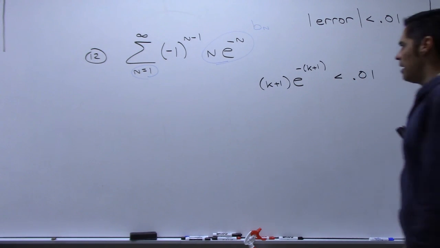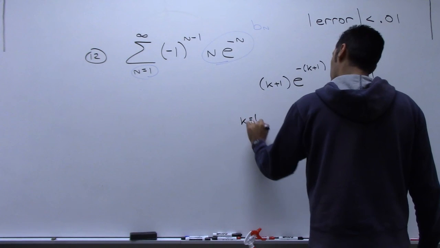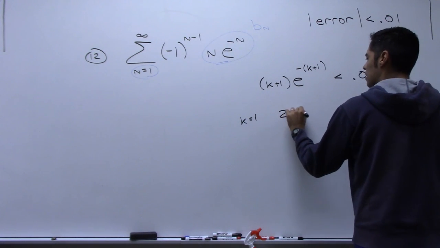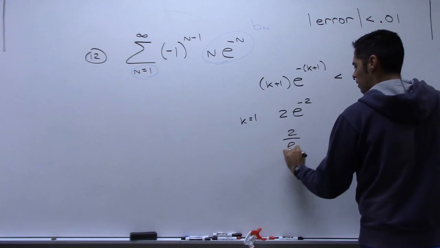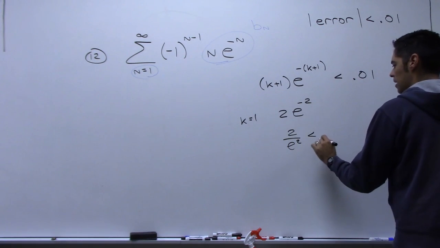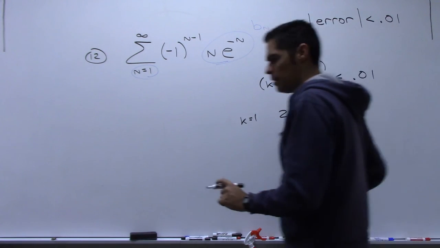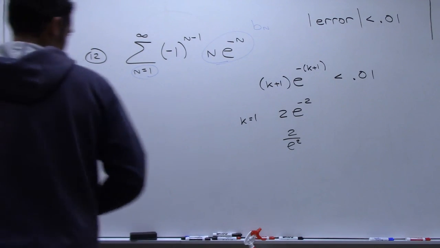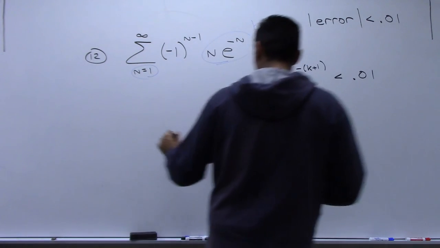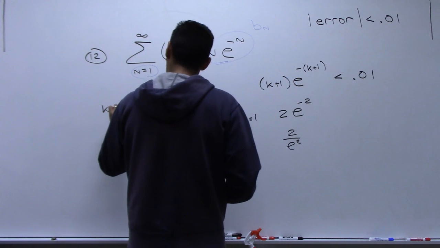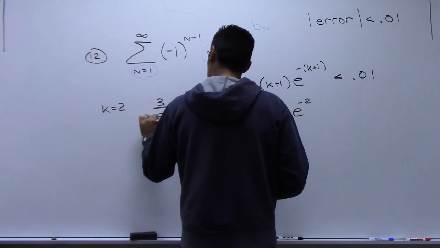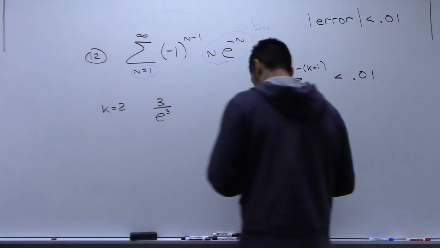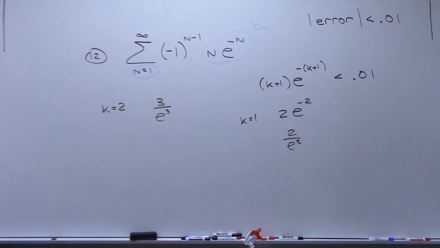So let's try k is 1. We get 2e to the negative 2, or 2 over e squared. I don't think that's going to be big enough. Is that less than 0.01? Definitely not. Let's do k is 2. If k is 2, I get 3 over e cubed. Where's my e?